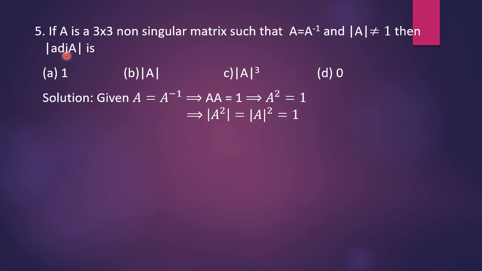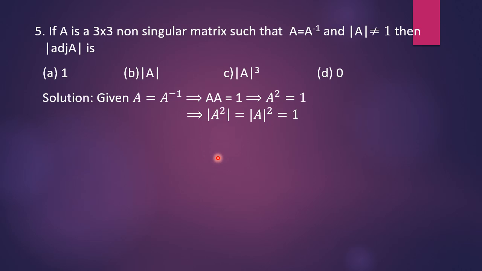So here, given that A is equal to A inverse, A inverse can be written as 1 divided by A. By cross multiplying you will get A into A is equal to 1, or A square equal to 1.